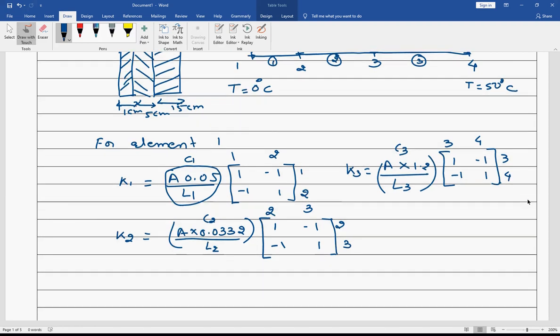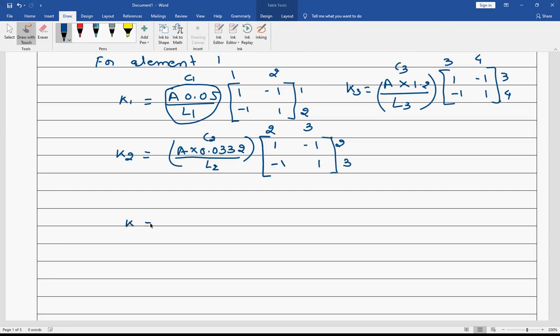Okay, now I can go for assembly of global stiffness matrix, and that will be C1 minus C1 minus C1, C1 plus C2 minus C2 minus C2, then it will be C2 plus C3, so I need 4, then minus C3 minus C3, and here in this case I will require C3.